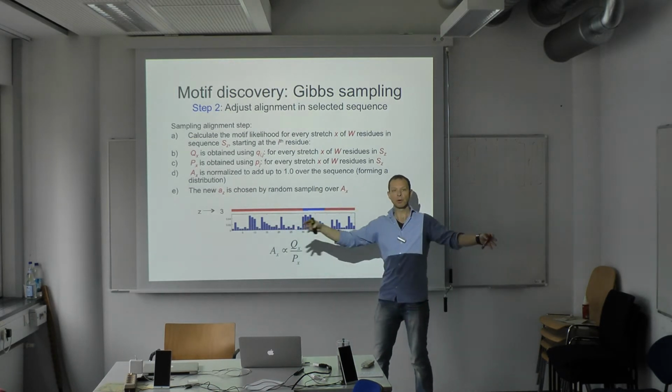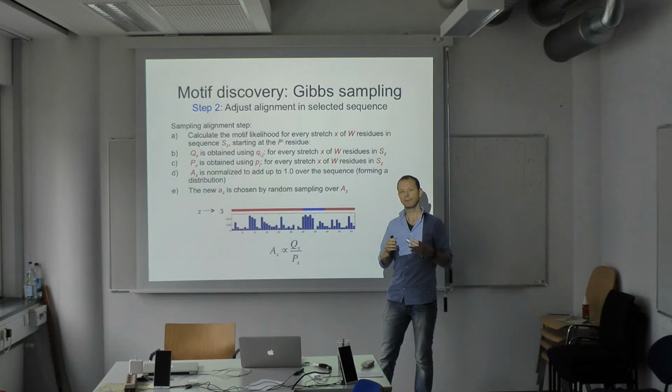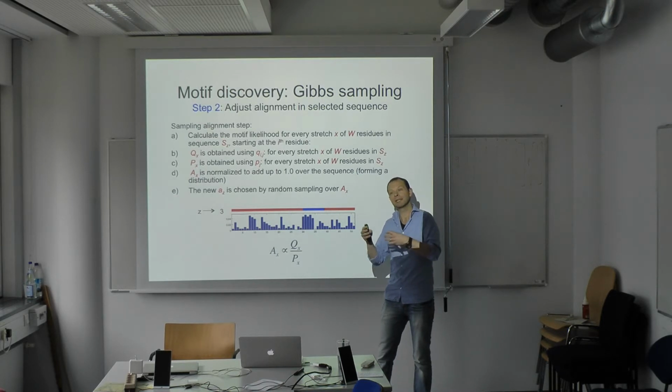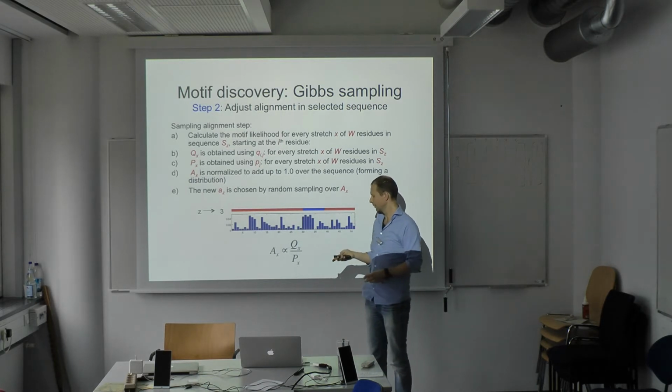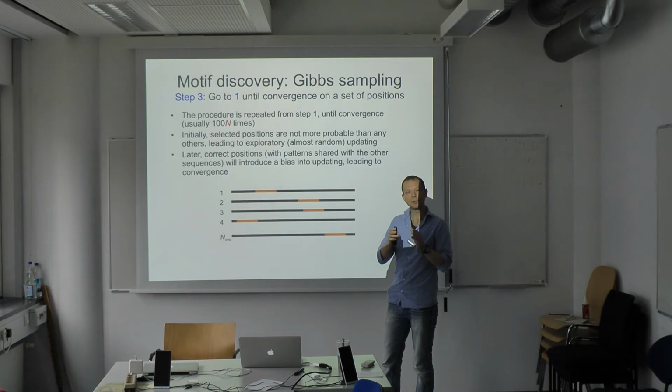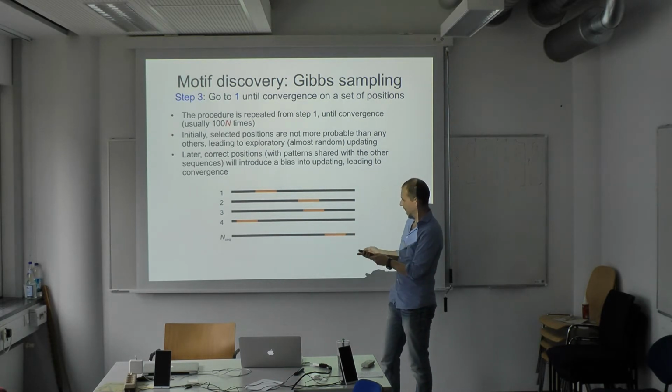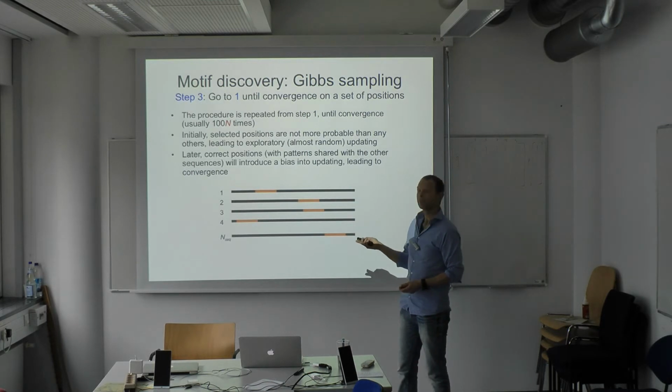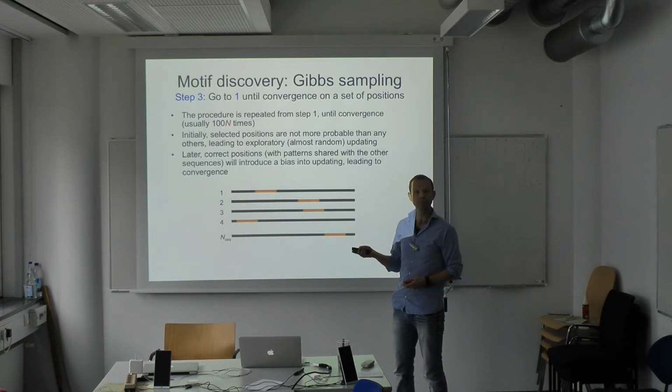We're going to explore possible positions for our motif. And that's good because we haven't really made up our minds yet what the motif would look like. But eventually, we will converge on something that happens quite a lot in all of those sequences. And convergence is quite likely with this method.